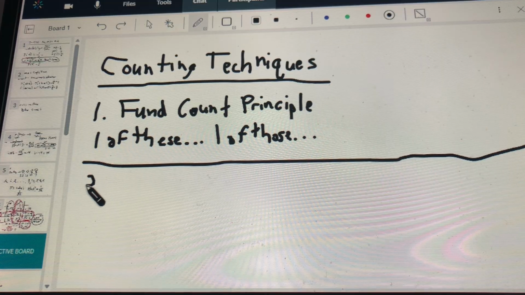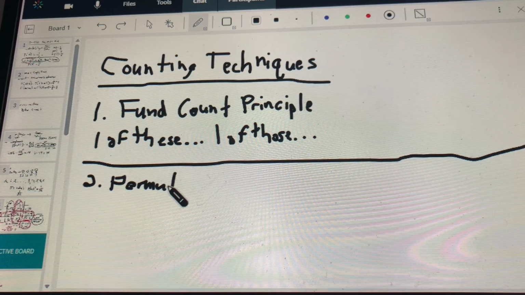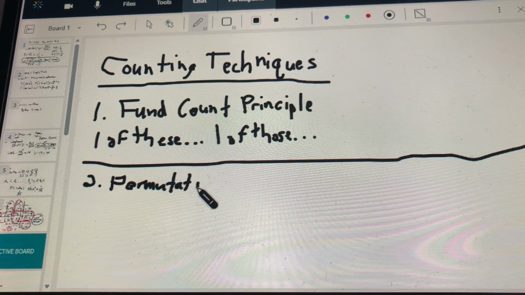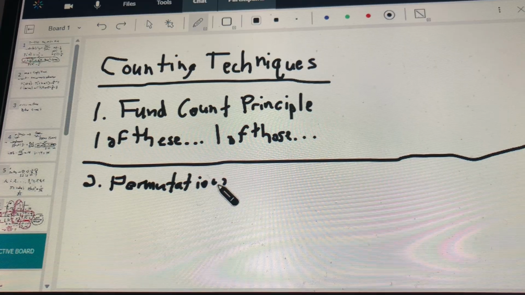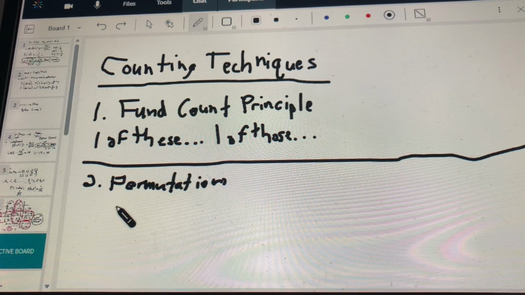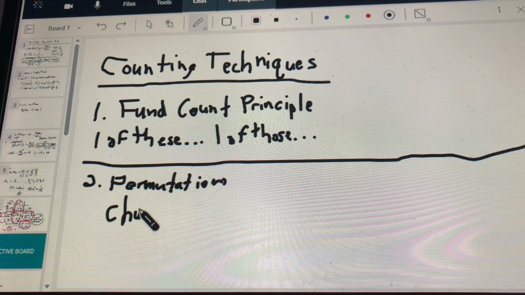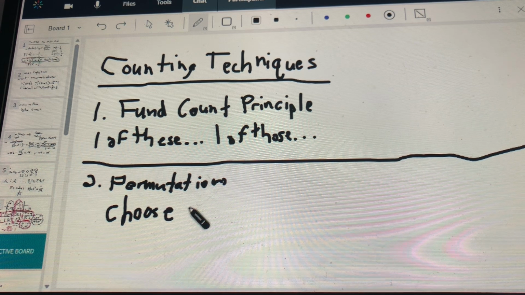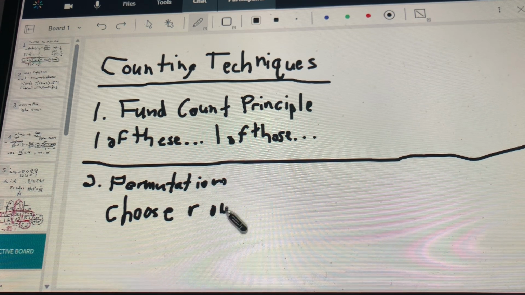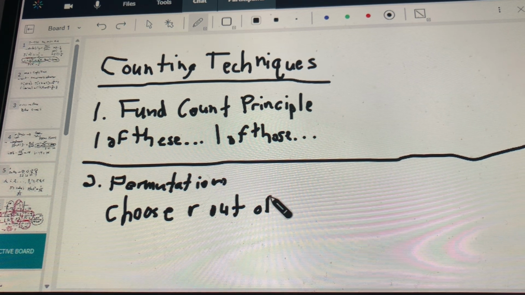The second type is called a permutation. And you are not choosing 1 of these and 1 of those in a permutation. You have to choose R out of N. So maybe you're in a restaurant and there are 5 main, oh, that's a bad example.